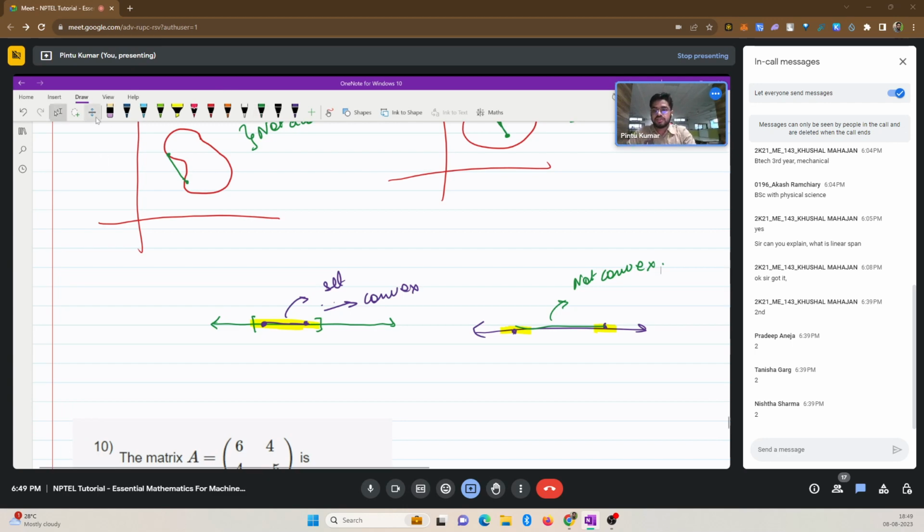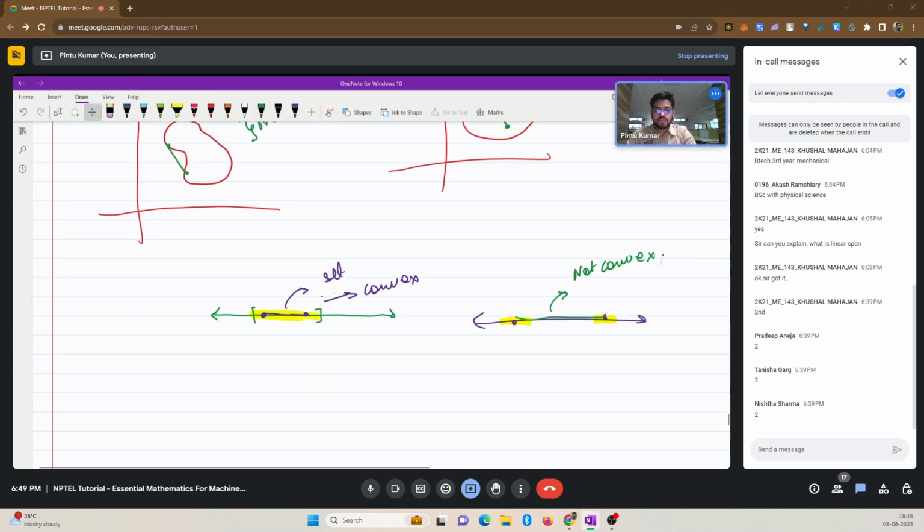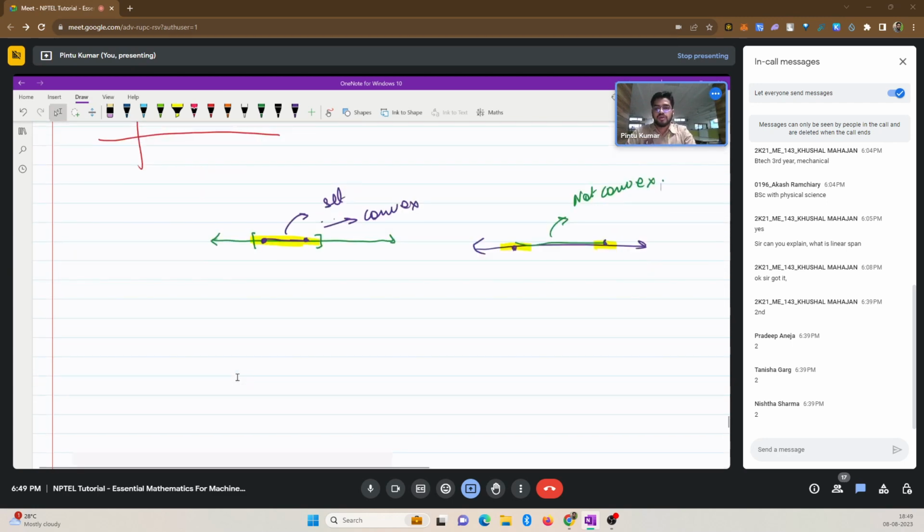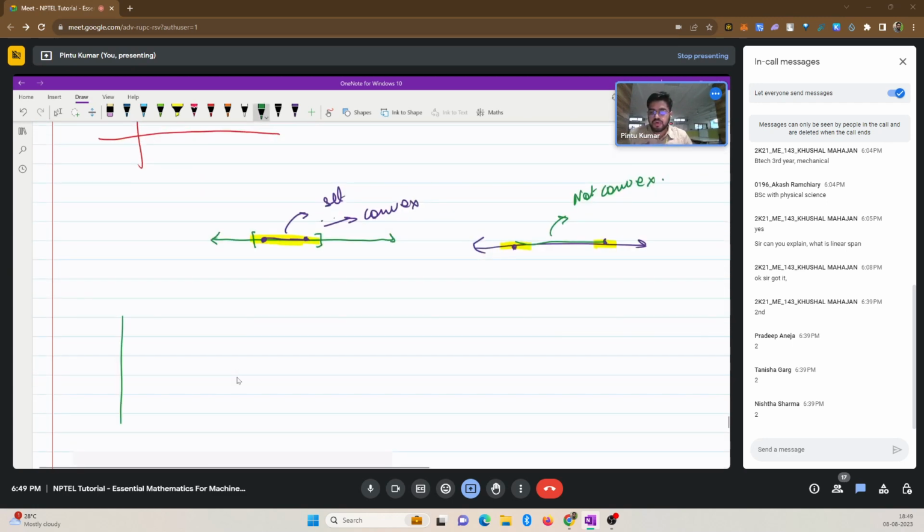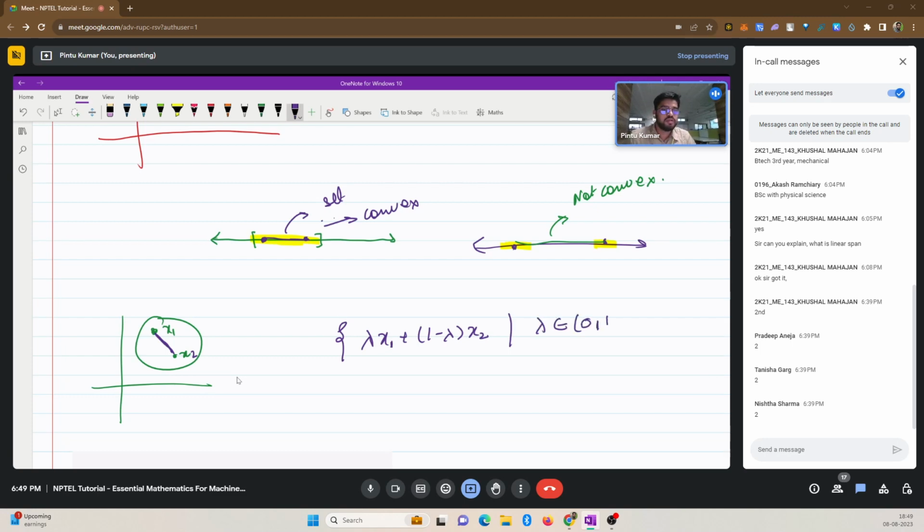I'll also mention the formal definition. Let's say you have this kind of a set, and this is x1, this is x2. Then what is the equation of the line joining these two points? The equation would be lambda times x1 plus 1 minus lambda times x2, where lambda belongs to [0, 1].